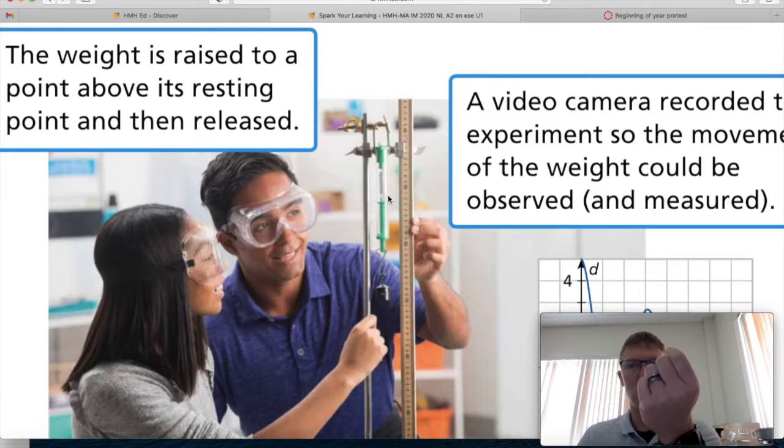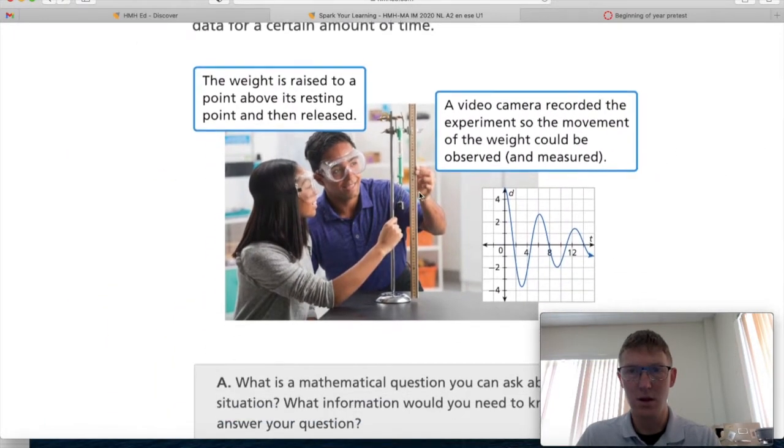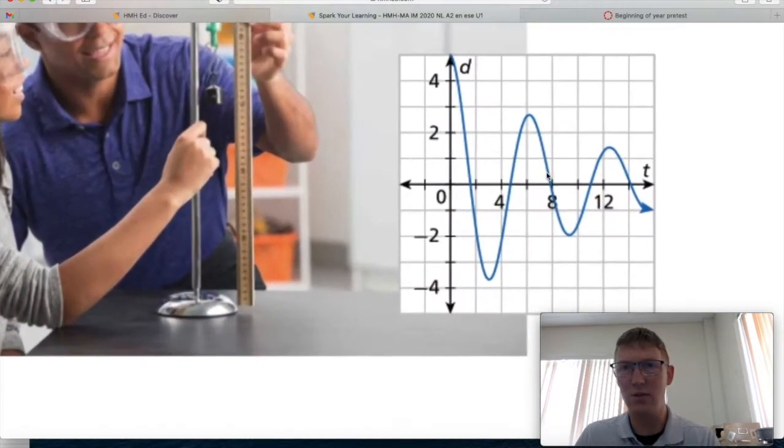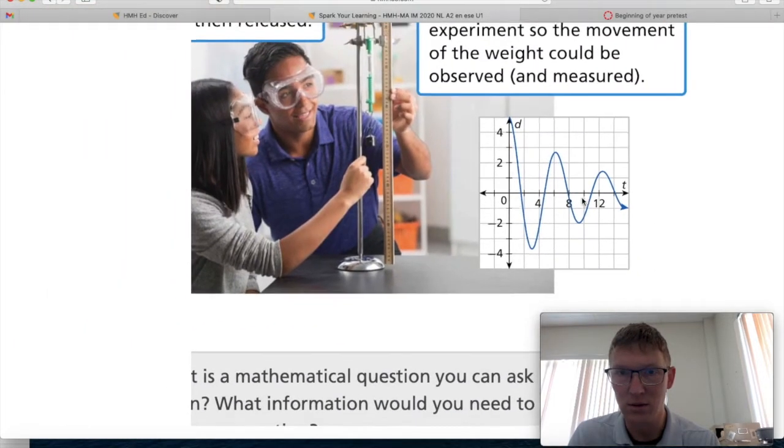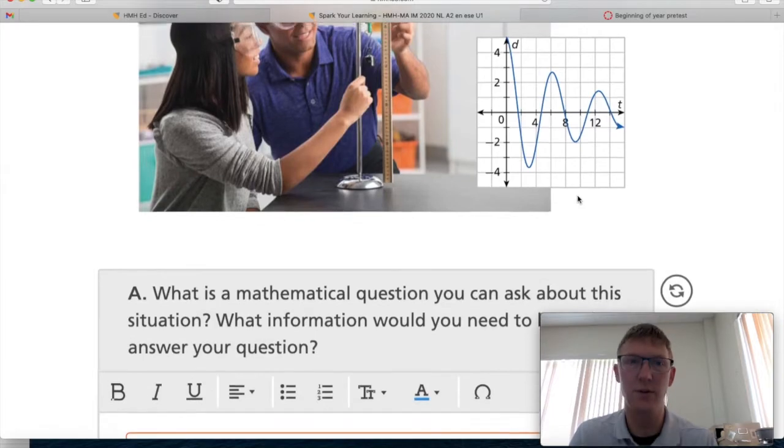When you pull that spring down and let go, it oscillates back and forth, and that's when we get this type of graph. But apparently they can only record data from 0 to, I guess, 14 or 15 or something like that.